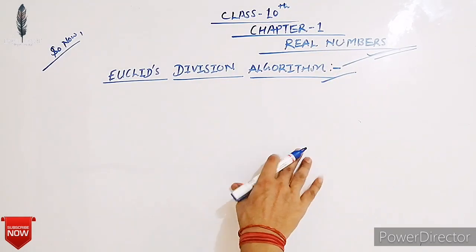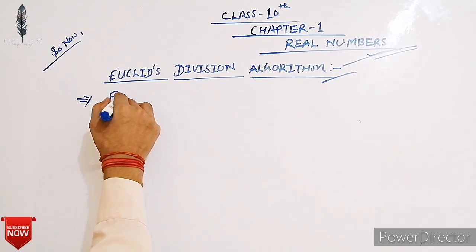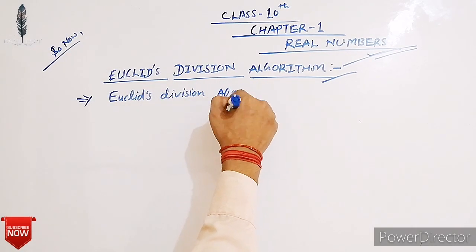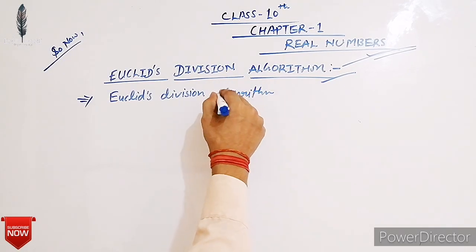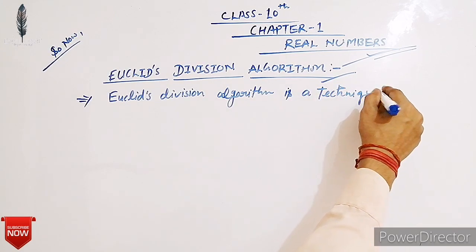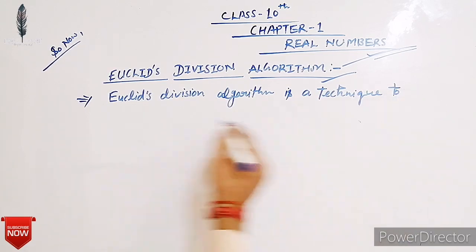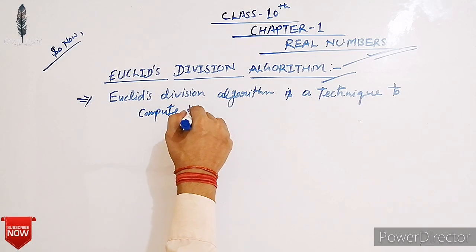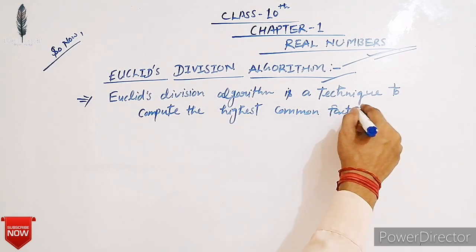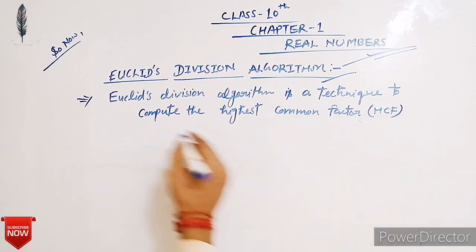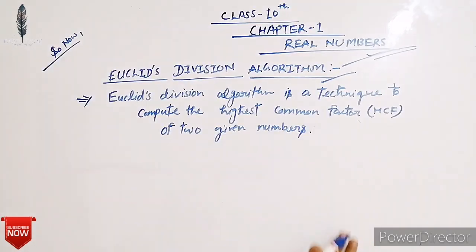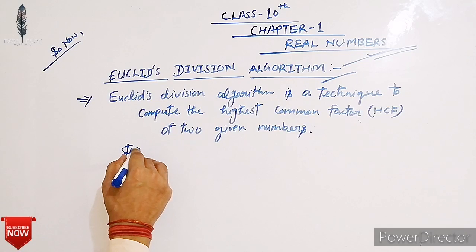Euclid's division algorithm is a technique to compute the highest common factor, means HCF, of two given numbers.